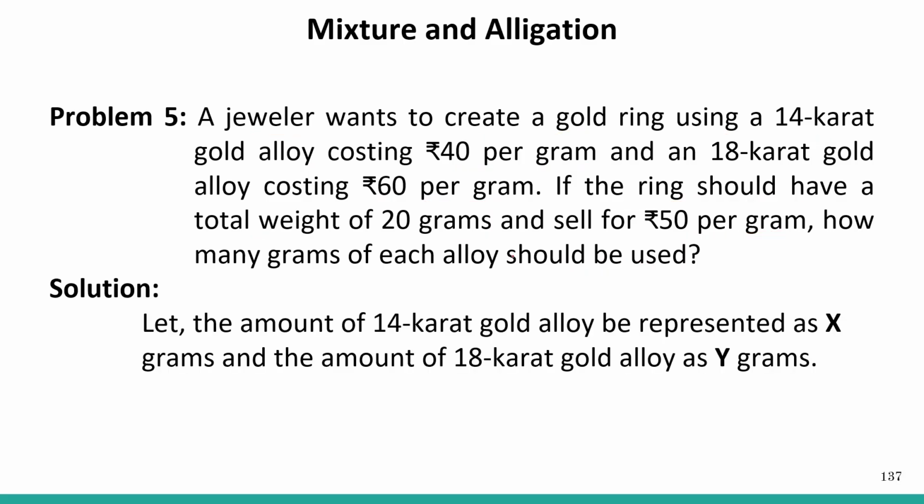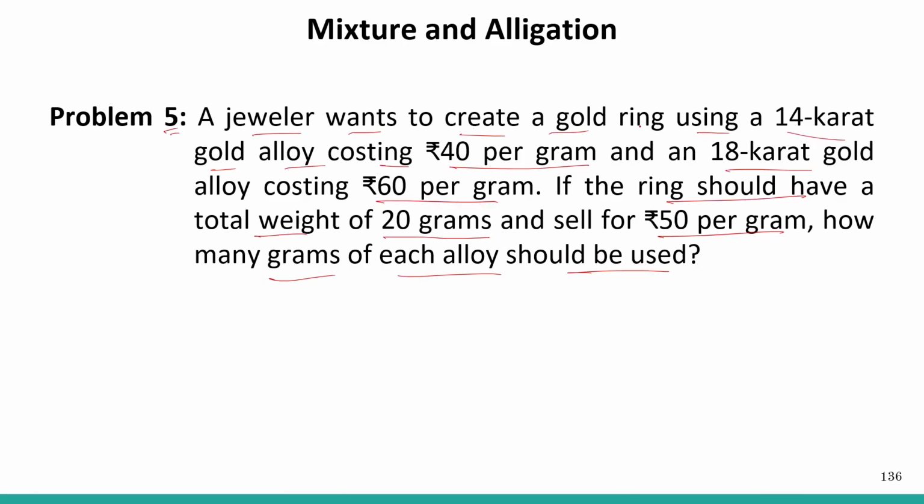So what we have right now is a gold ring. A jeweler made a gold ring using 14 karat gold alloy. So G1 is the 14 karat gold, and it costs 40 per gram.